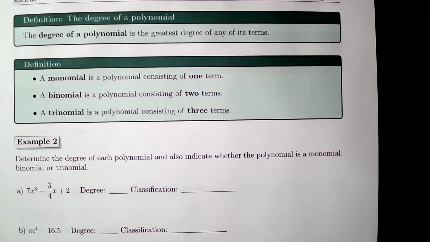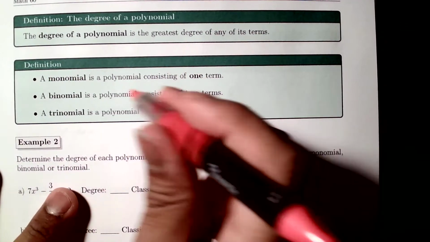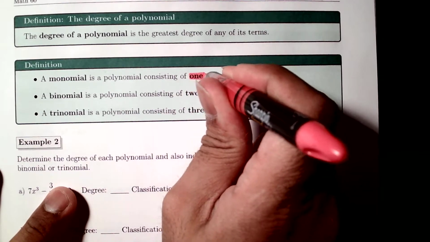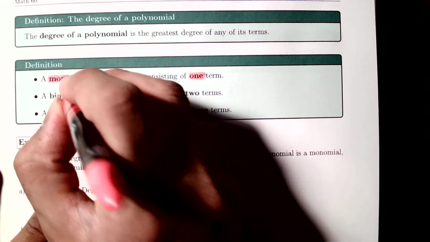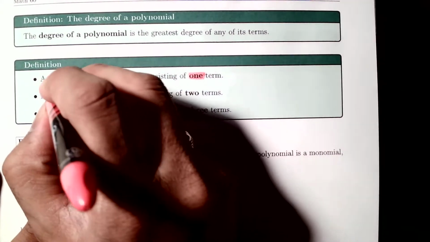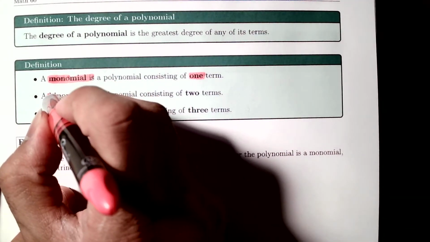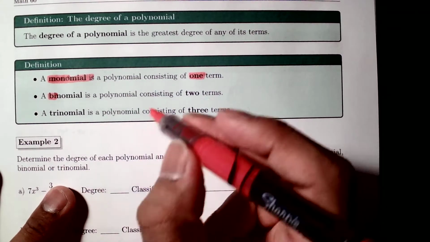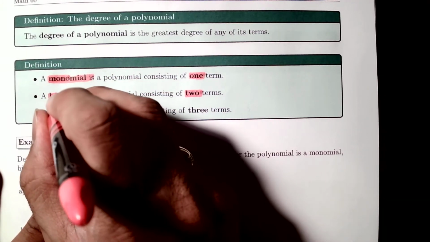A monomial is a polynomial consisting of one term. The prefix mono means one, so monomial is one term. Binomial means two terms; the prefix bi gives us binomial.